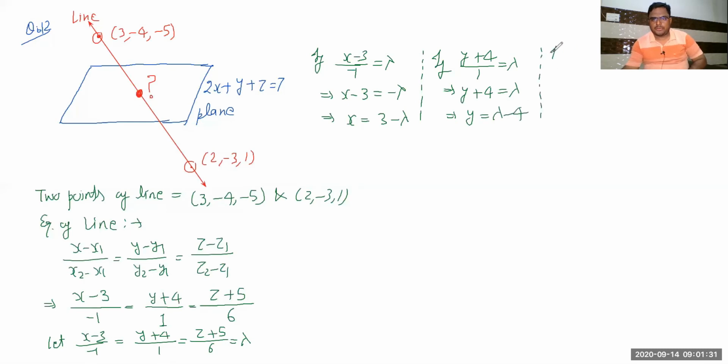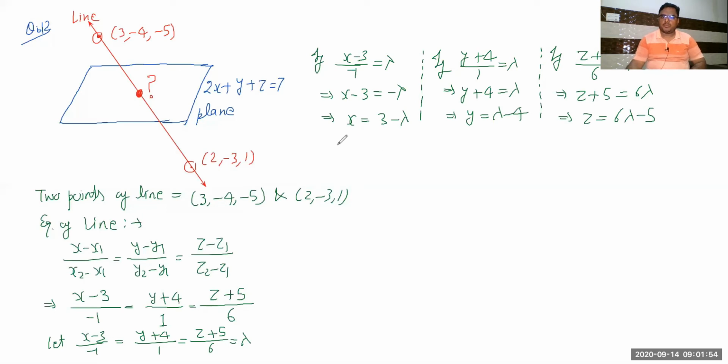And finally, if I take the term of z and last term, (z + 5)/6 = lambda. This implies z + 5 = 6 lambda, so z = 6 lambda - 5. So we have expressed the values of x, y, z in terms of some unknown lambda.